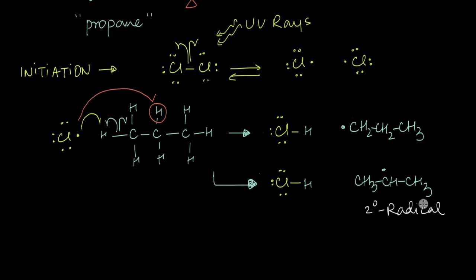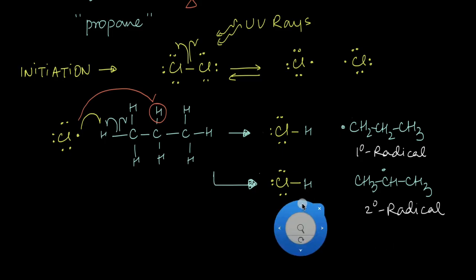Second degree because the carbon on which the radical is formed is attached to two other carbon atoms, while the radical out here is called a first degree carbon radical, as the carbon on which this radical is formed is attached to only one other carbon atom. So depending on the hydrogen which this chlorine radical abstracts from a propane molecule, we can get the formation of different carbon radicals, right?